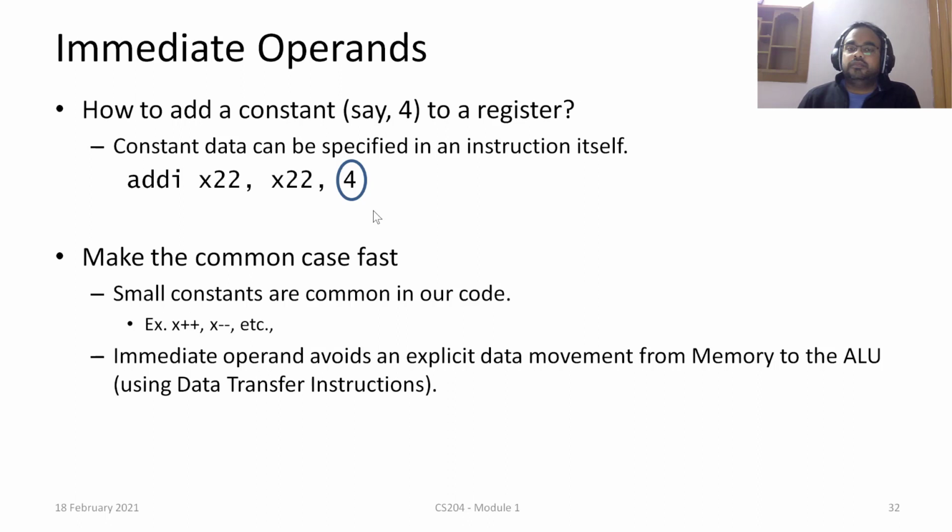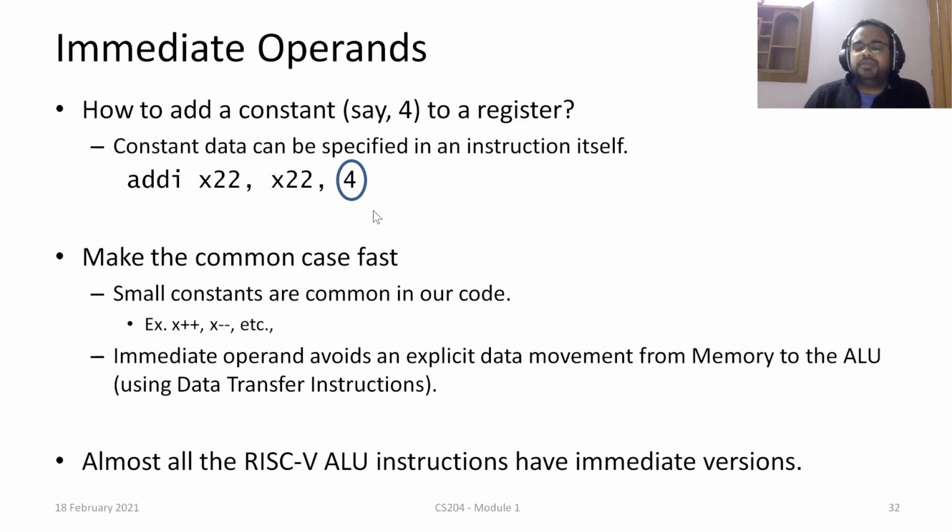Like I mentioned, if the value of some operand is readily available in the instruction itself, we don't need to access the register file, or we don't need to access the memory. So it will speed up the instruction execution.